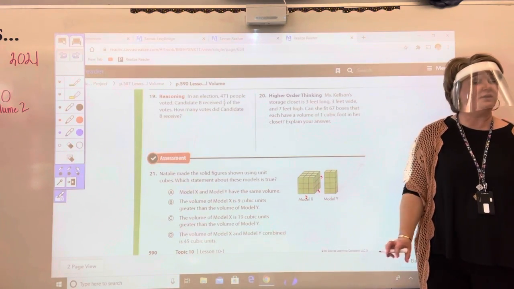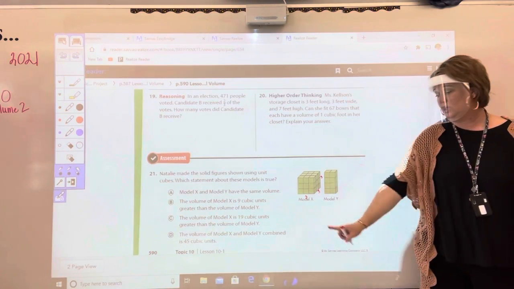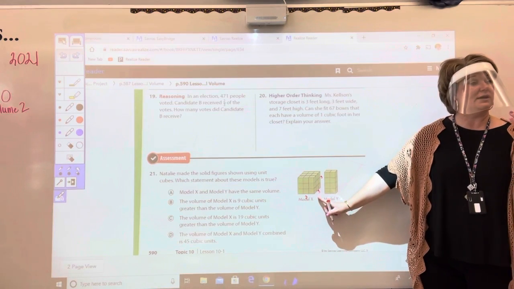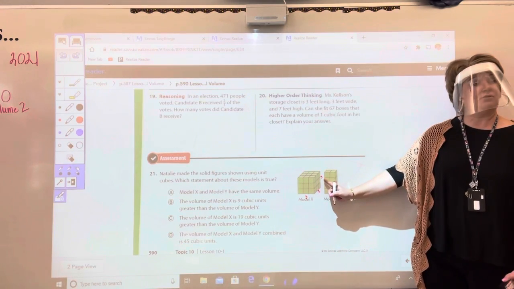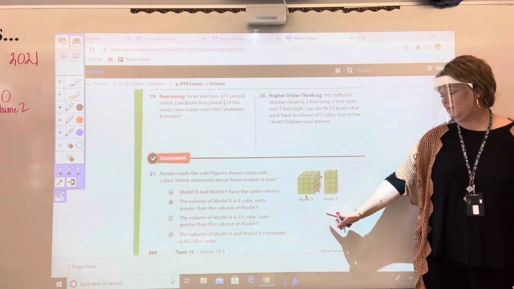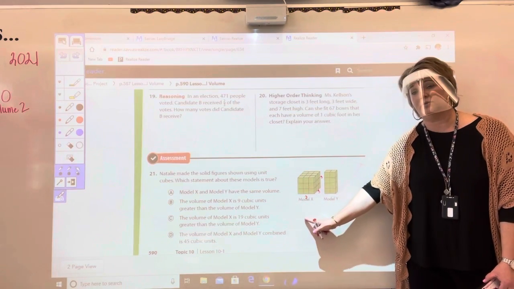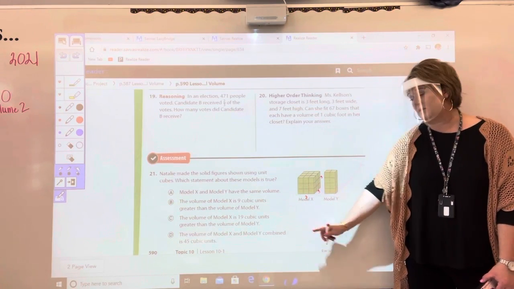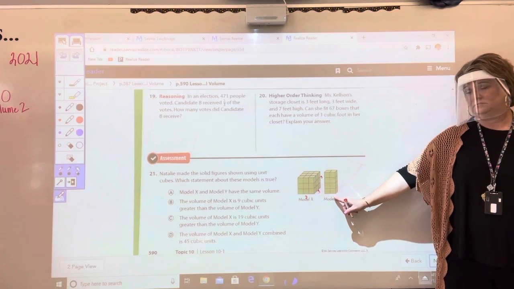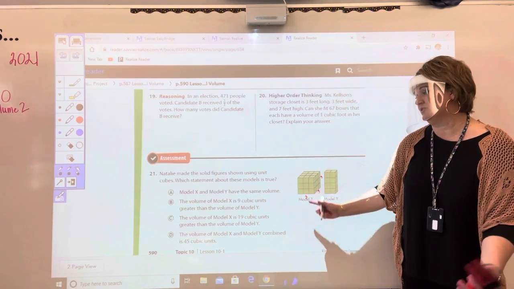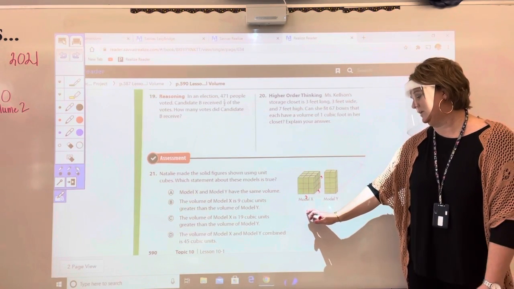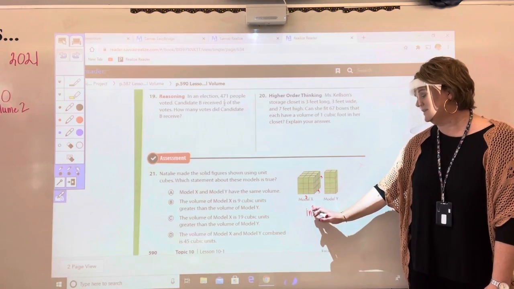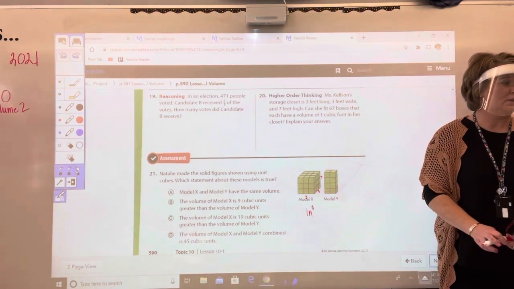So I'm not going to give you the answer, but real quick, you need to do 3 times 3, don't say it out loud, times another 3, and you need to write your answer right here under model X, okay? And let's say inches. I don't think it matters. If it doesn't give it to you, you just pick one, okay?